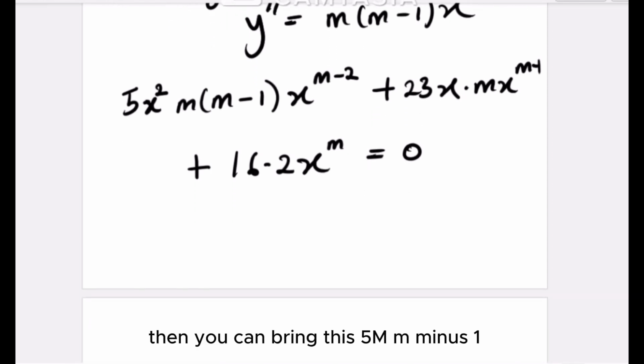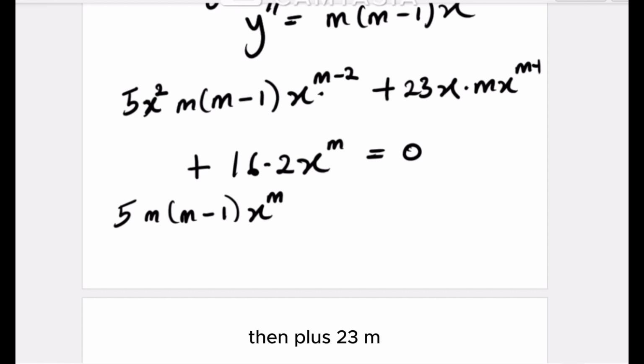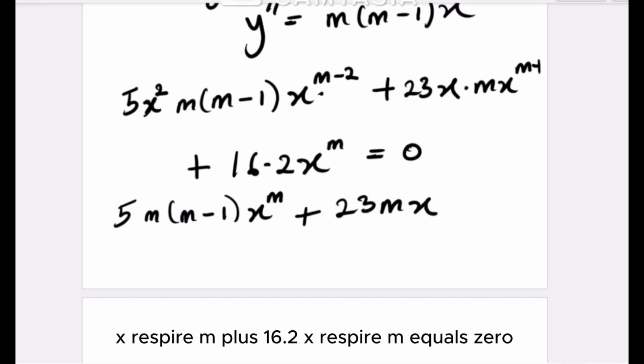Then you can bring this 5m times m minus 1. This will give you x raised by m, then plus 23m x raised by m plus 16.2 x raised by m equals 0.